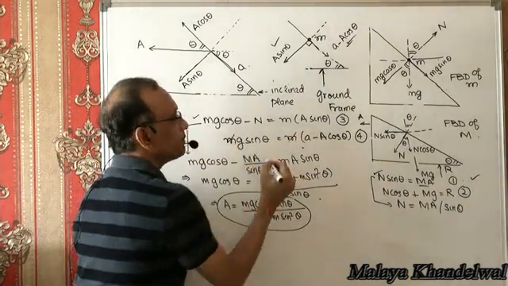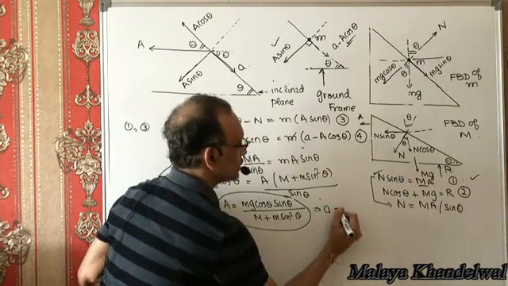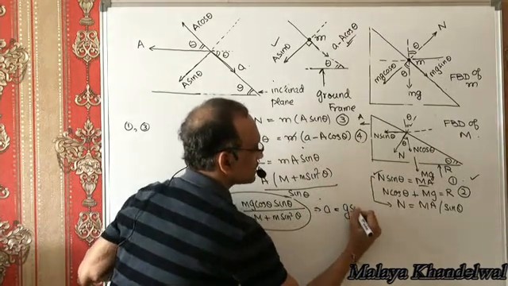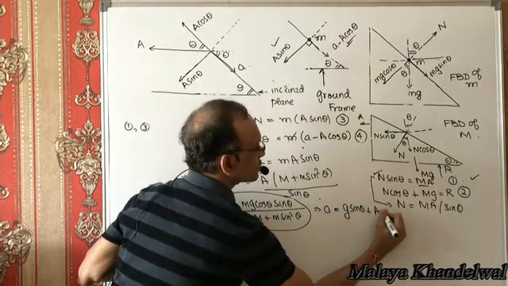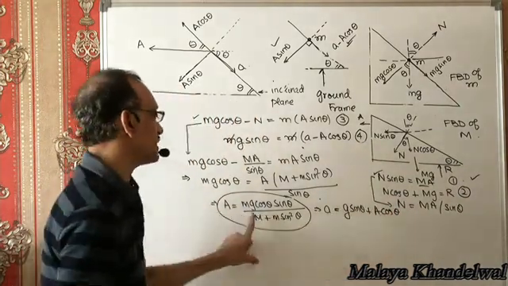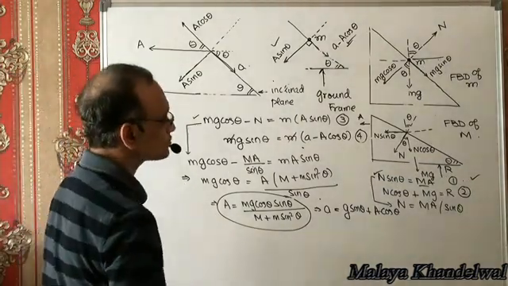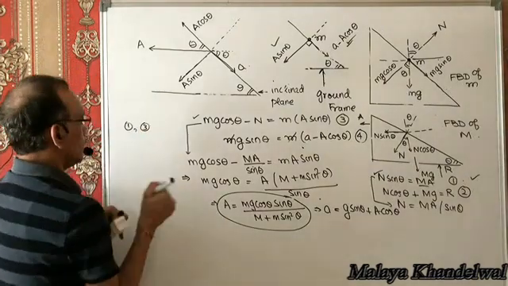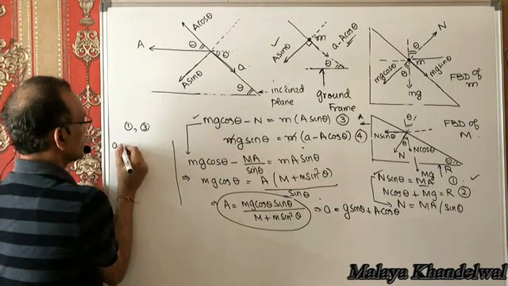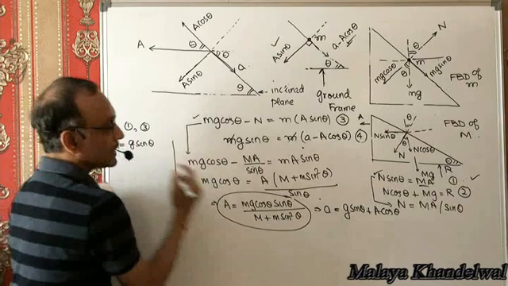I cancel m, and then I have small a equal to g sin theta plus capital A cos theta. Let me simplify this by replacing capital A by this. Small a is g sin theta plus capital A cos theta.